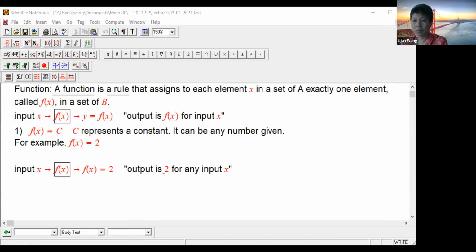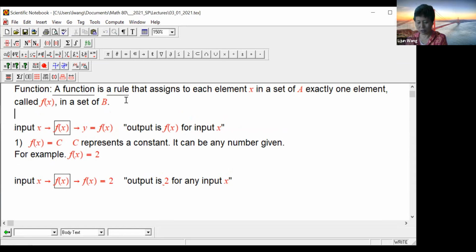Now, what is A, what is B then? Because in the definition of function, there's something we call A, there's something we call B, right? And we know that A is a collection of input and B is a collection of output.